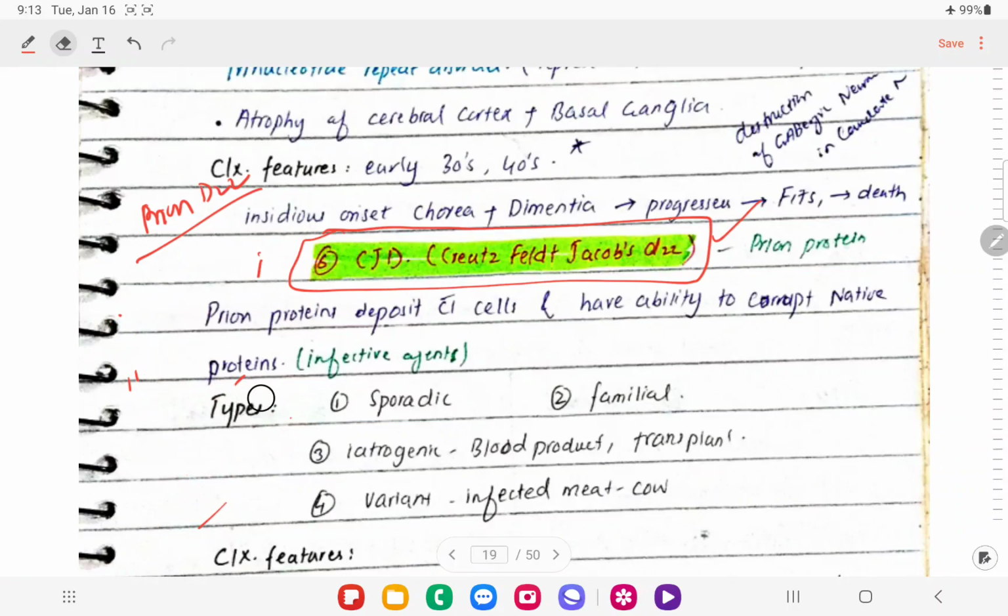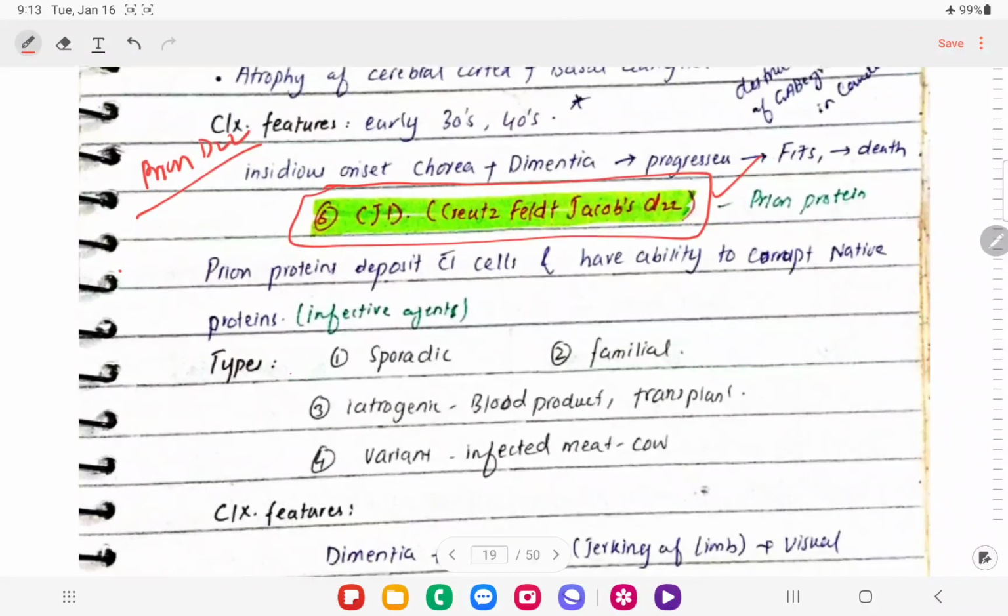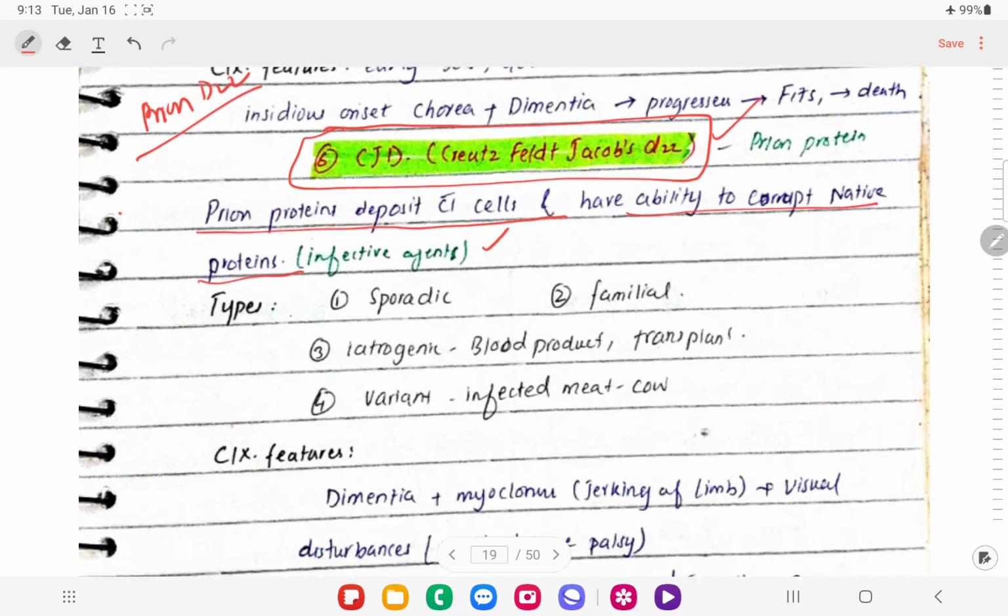Let me erase these things here. Okay, so prion proteins, what they do is that they deposit within the cells. Prion protein deposits within cells and has the ability to corrupt the native proteins. So these are infective agents, unique amongst infectious agents in that they are devoid of nucleic acids.